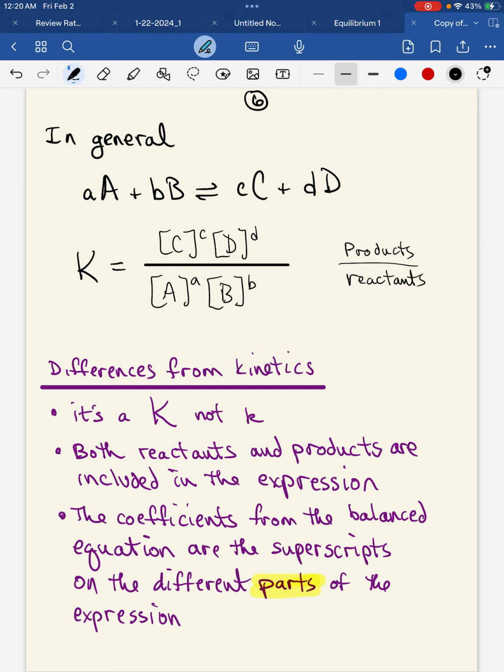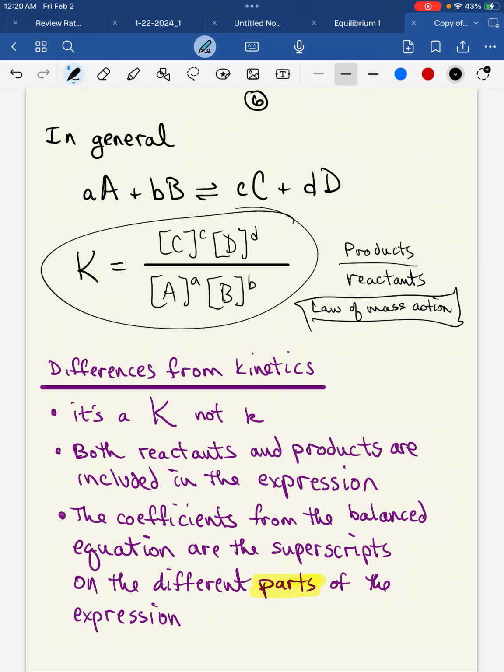And this, I believe, is what we call the law of mass action. I haven't seen it in your book, but I haven't read it real closely. So if you see that law of mass action, that just means to do this. And they may not even say it, so I don't know. It is what it's called.